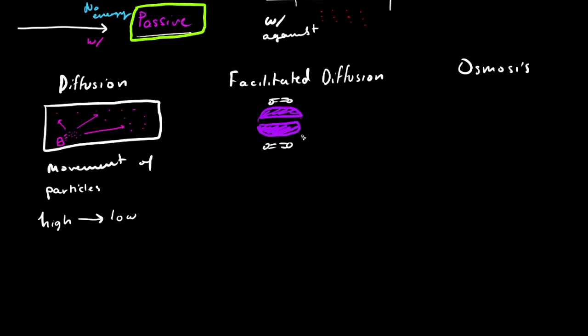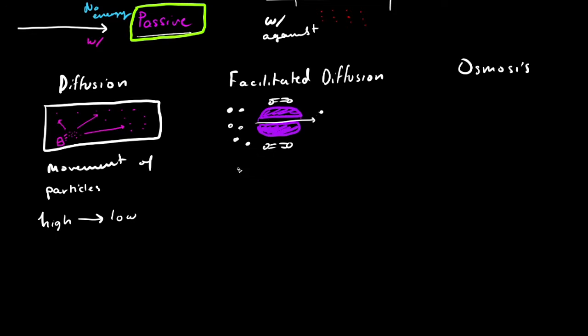In this case, we talk about how we have these molecules, let's just say on the outside of the cell, in high concentration and low on the inside of the cell. These high concentration molecules actually flow to the other side of the cell in order to create an equilibrium.